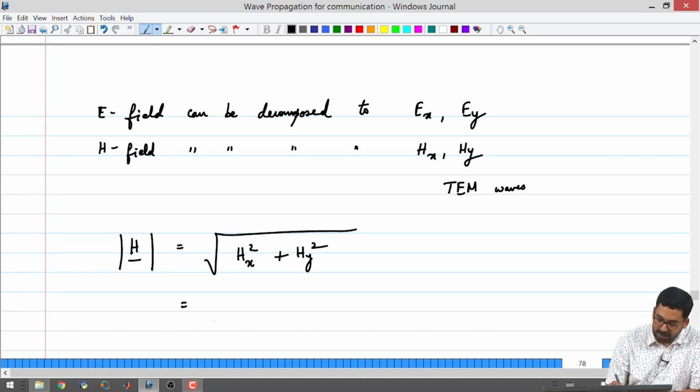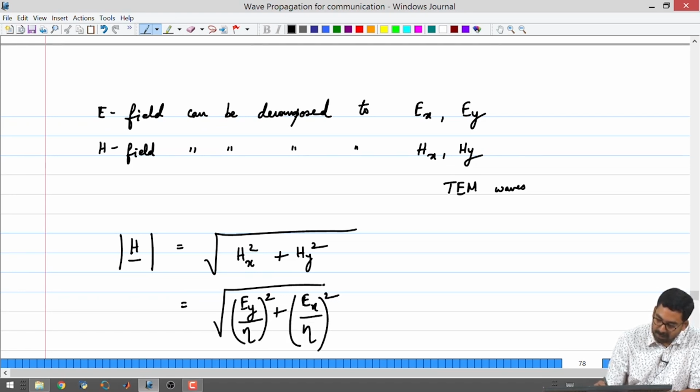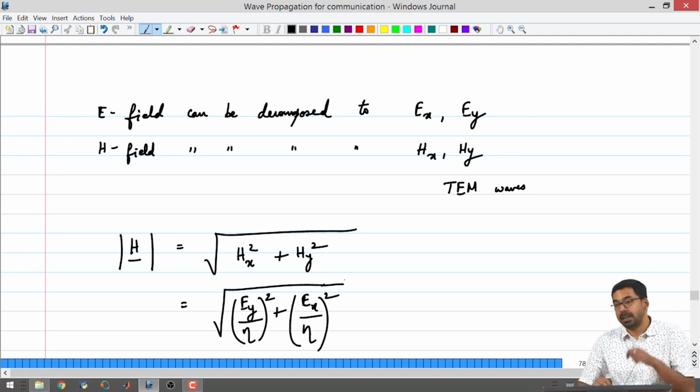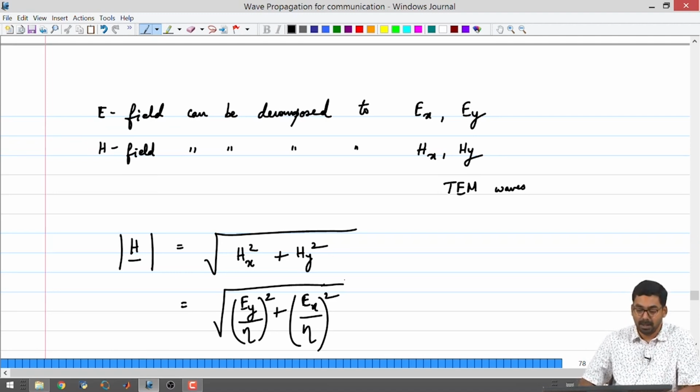This can be written as square root of (Ey by eta) squared plus (Ex by eta) squared. Note how it has been written, these things you will have to start thinking about. We had Hx squared plus Hy squared, but we have written Ey divided by eta, Ex divided by eta. We did not write it the other way around. So, there are some things that you will have to think about.